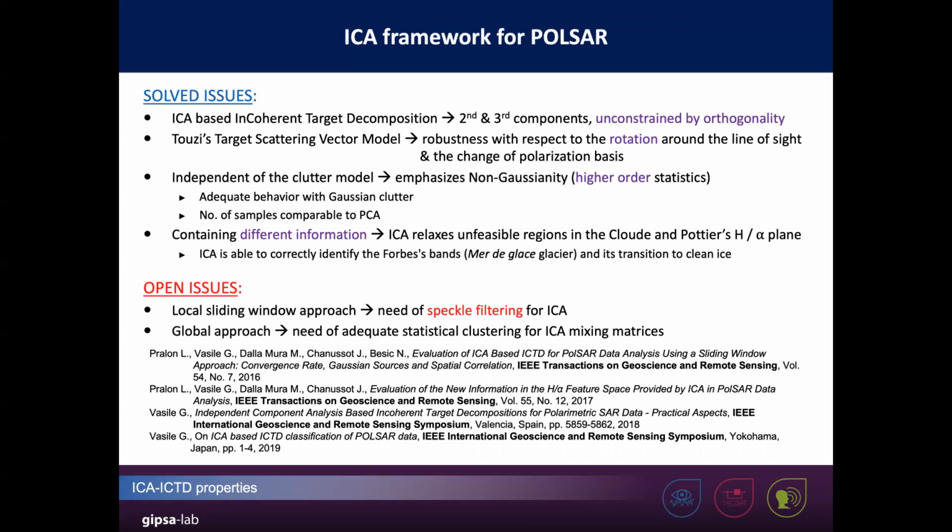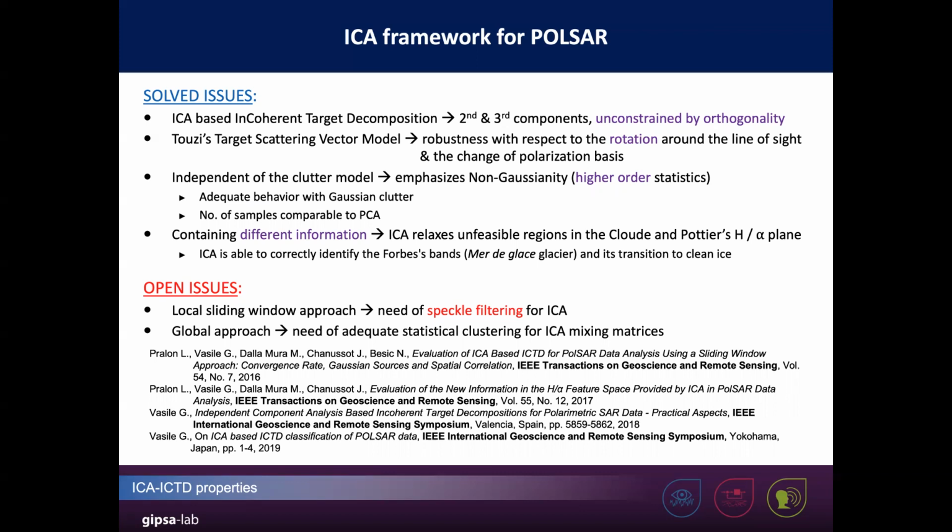The algorithm emphasizes non-Gaussianity by taking into account higher order statistics. Also, we have shown that this method behaves very well with Gaussian clutter, and it requires a number of samples which is comparable to the standard principal component analysis.